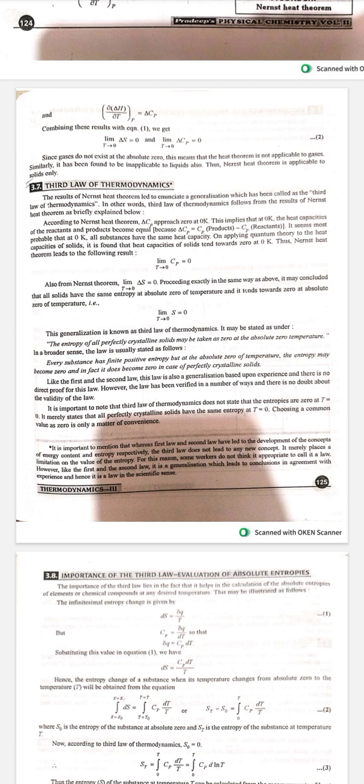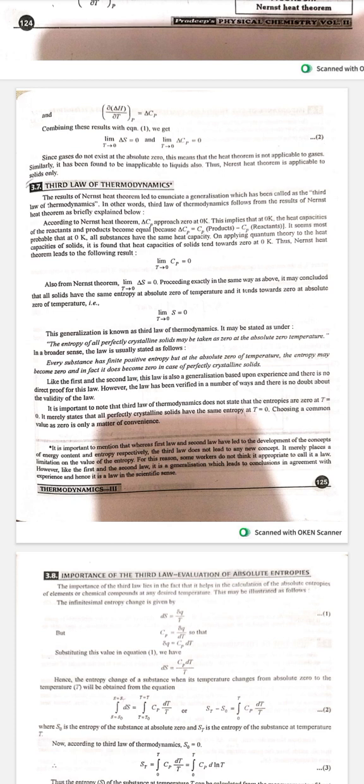It is enunciated in a general form which has been called the third law of thermodynamics. In other words, the third law of thermodynamics follows as a result of the Nernst heat theorem, briefly explained below. According to the Nernst heat theorem, delta Cp approaches 0 at 0 Kelvin. This implies that at 0 Kelvin the heat capacities of the reactants and products become equal, because delta Cp is equal to Cp of products minus Cp of reactants.